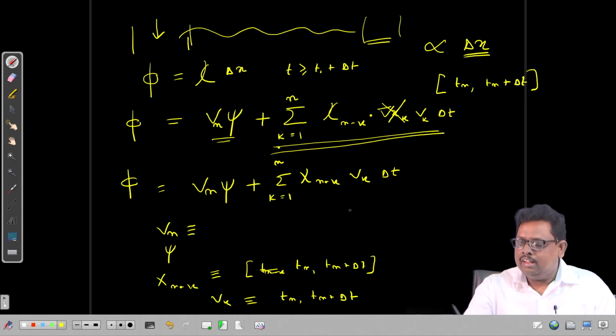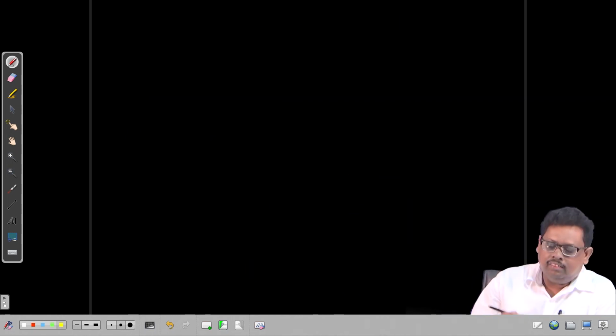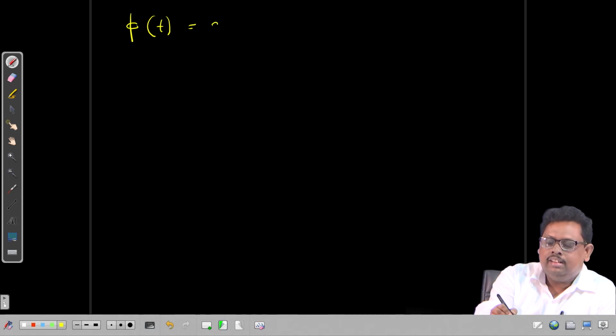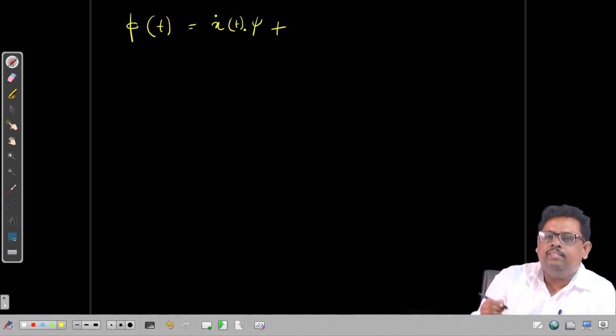Now, if you take delta t goes to 0, let me write in the differential form. I can get that phi t, at the present time step, is the velocity at the present time step multiplied by the psi plus the memory effect.